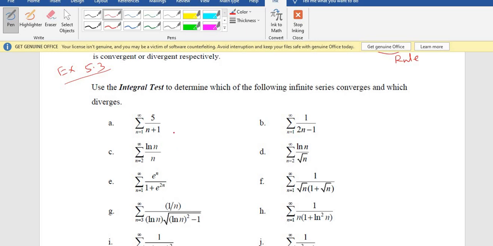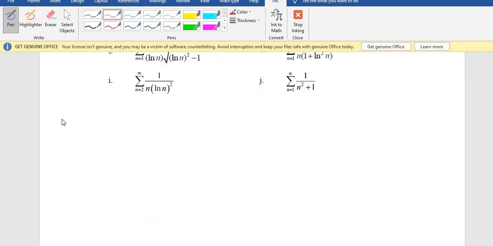So I'm going to check that A part, that one is summation from n is equal to 1 to infinity of 5 divided by n plus 1.